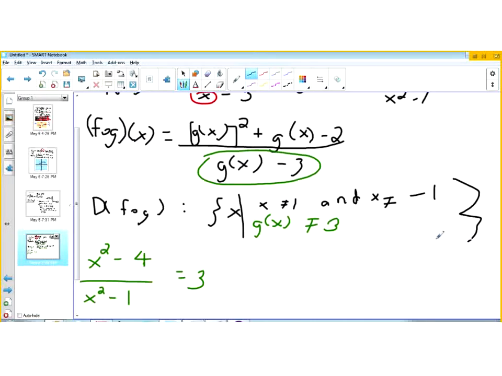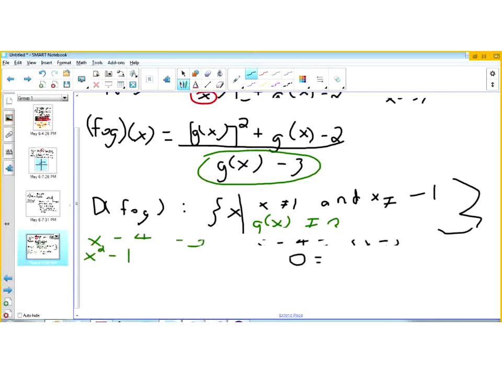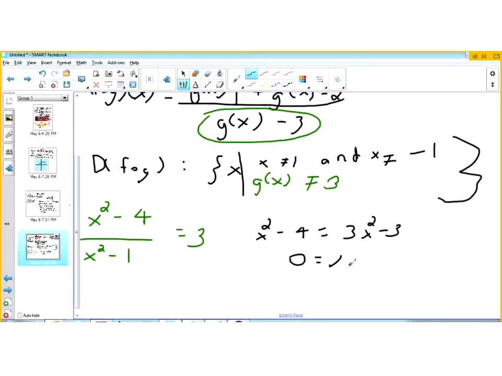So I guess we could attempt to solve this, so we can cross multiply. So x squared minus 4 is equal to 3x squared minus 3. And so we have 0 is equal to 2x squared plus 1.